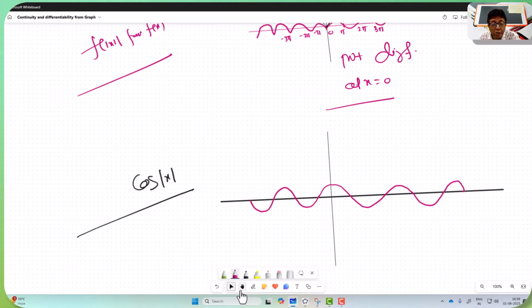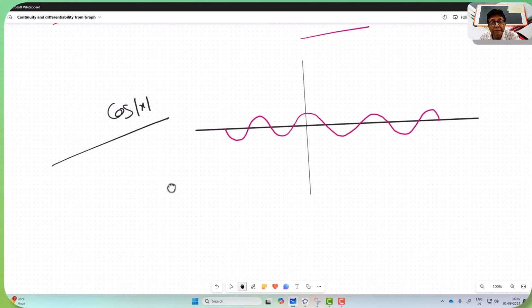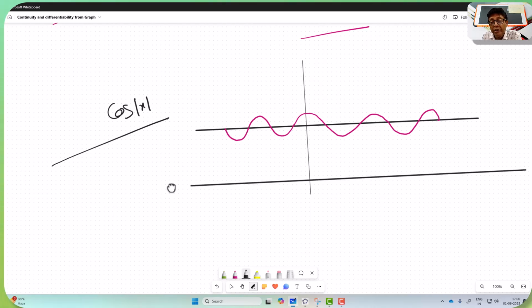Then how to draw the cos of mod x part? What will you do first? You first remove the portion on the left side of the origin. So what will be remaining there? This portion of the graph. This is your y-axis and this is the x-axis.